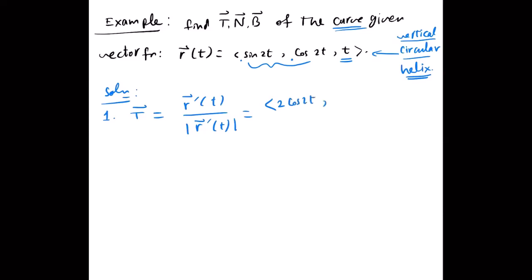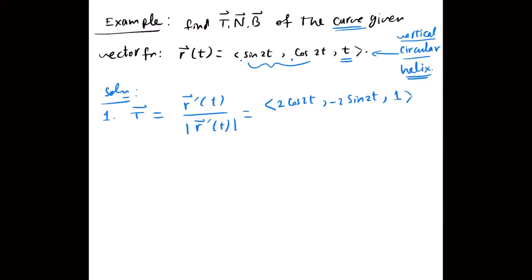The second component, the derivative of cosine is negative sine, the same angle, multiplied by the derivative of the argument, so we get negative 2 sine 2t. The derivative of t with respect to t is 1.